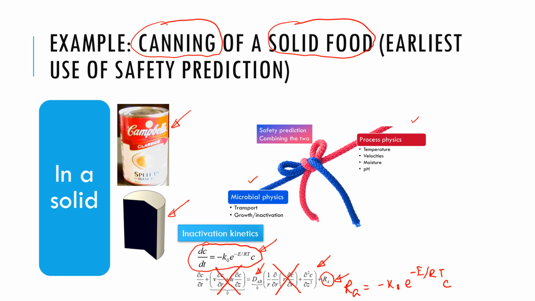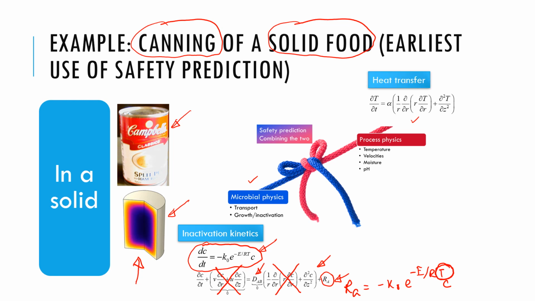But notice that to do the bacterial physics, you need temperature inside. And as this picture shows, temperature is not the same everywhere, and it changes with time. So we need to describe this temperature properly, and that comes from the process physics.